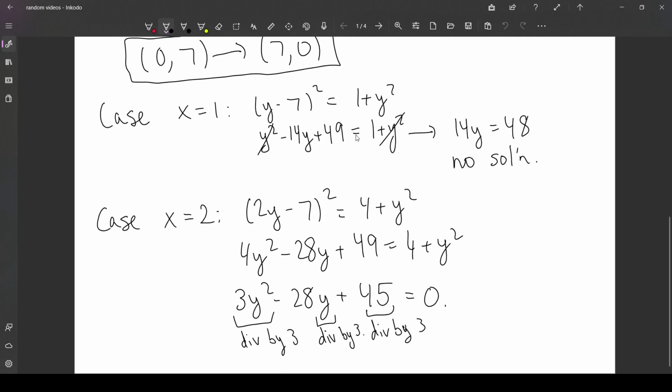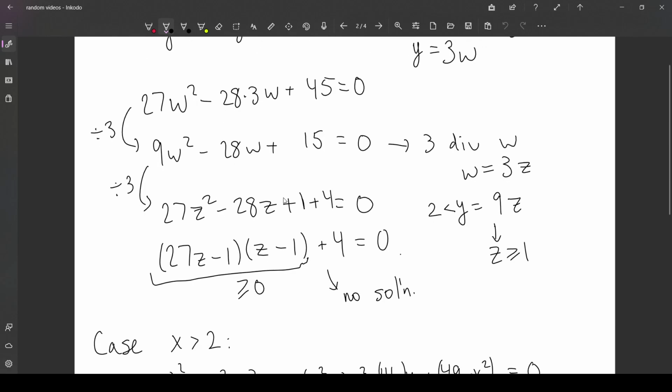For x equals 1, the only possible value of y was not an integer. For x equals 2, for the integer solutions, we used this divisibility by 3 trick to show that there's no solution there.